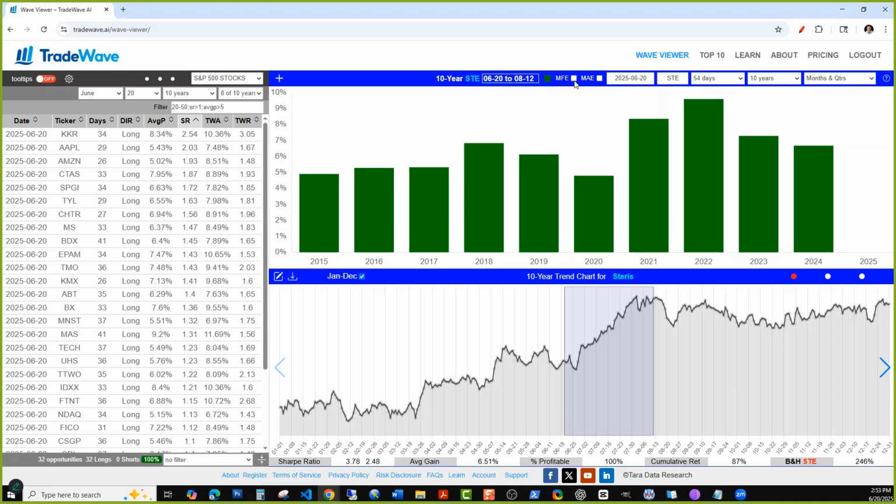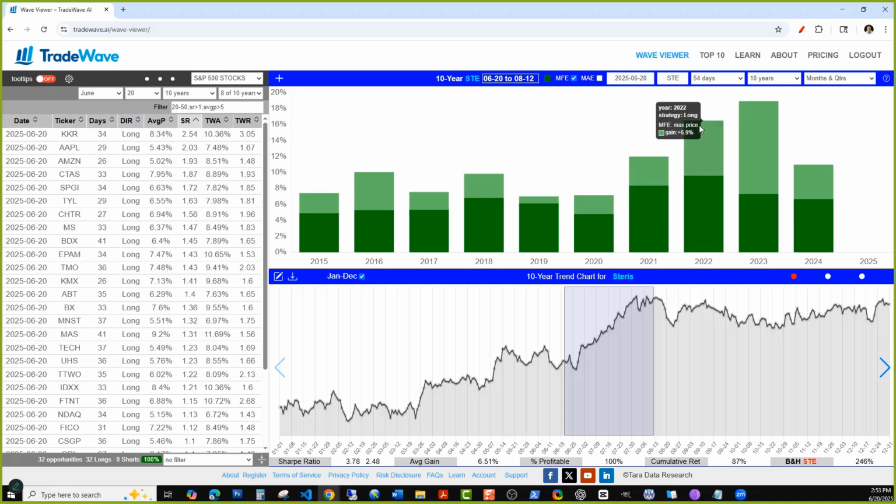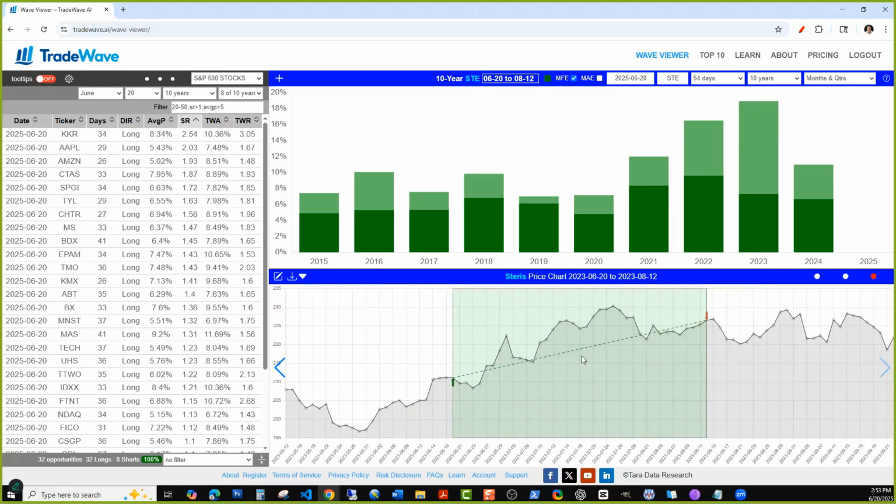When you click on MFE, it shows you the extent of the move, like the light green part. By the way, you can also click on any of these and look at the historical trade for that year. So I just clicked on 2023. Do you see how it went up, made a peak over there, then came down and closed here?